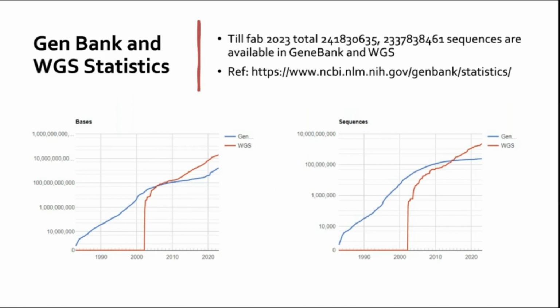You can see on the right hand side that WGS sequencing is happening much more after 2002 or 2003. Before that it was gene level, people extracting a specific gene and sequencing it, because the technology was not there yet.